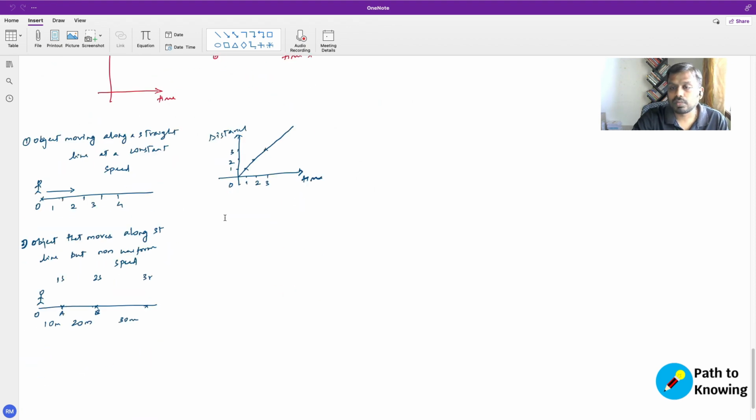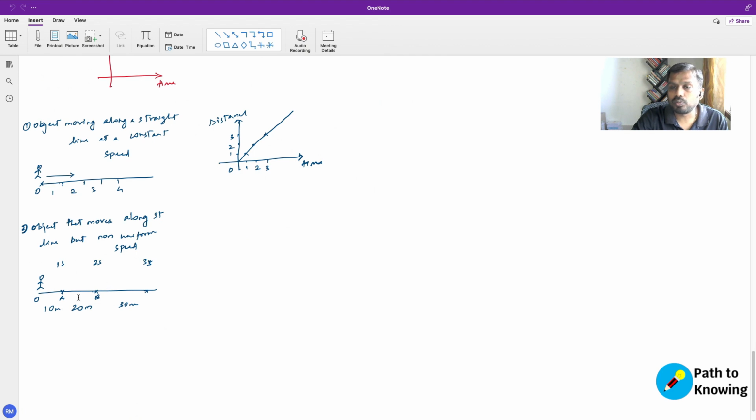Now, given this, how do you plot this on a distance time graph? If this is going to be your time, and this is going to be the distance, then on the first second it is going to be 10. In the second second, this object will be at 20 meters, so it will be somewhere here.